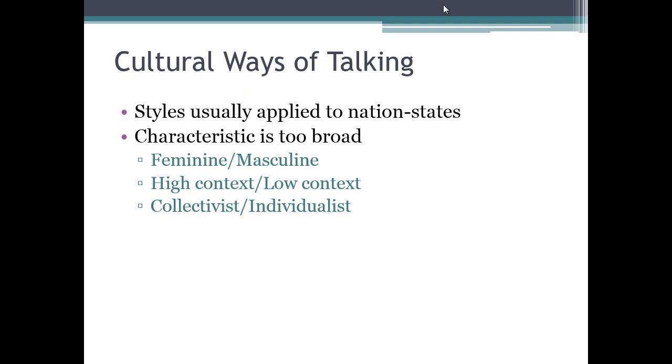So what are the cultural ways of talking? Well, those are styles of cultural talk that are usually applied to nation states. The characteristic is really broad. For instance, ways of talking, feminine versus masculine, or high context versus low context, or the collectivist versus the individualist.